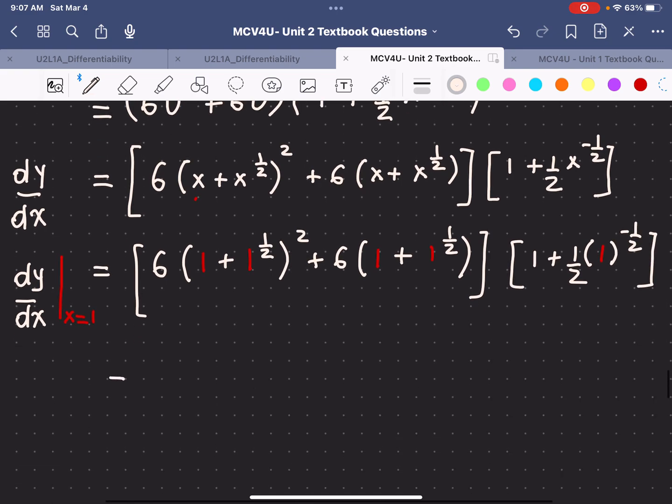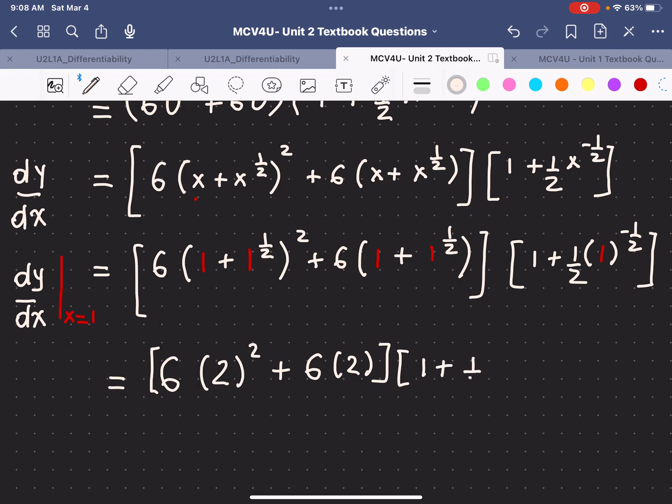So simplify, we have 6 times, here we go, 1 to the power of 1/2 is 1, so together 2. So that makes it 2 squared, plus 6 times, again, times 2. And then we have 1 plus 1/2, and 1 to any power also is 1, so times 1.